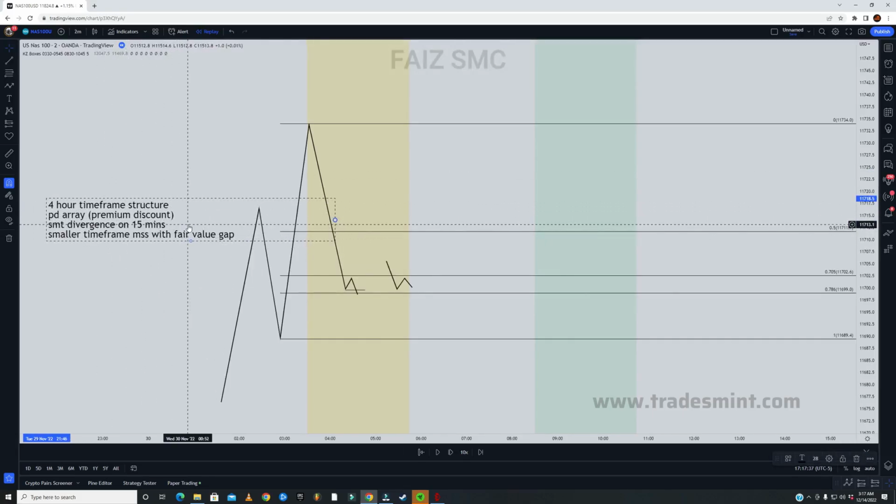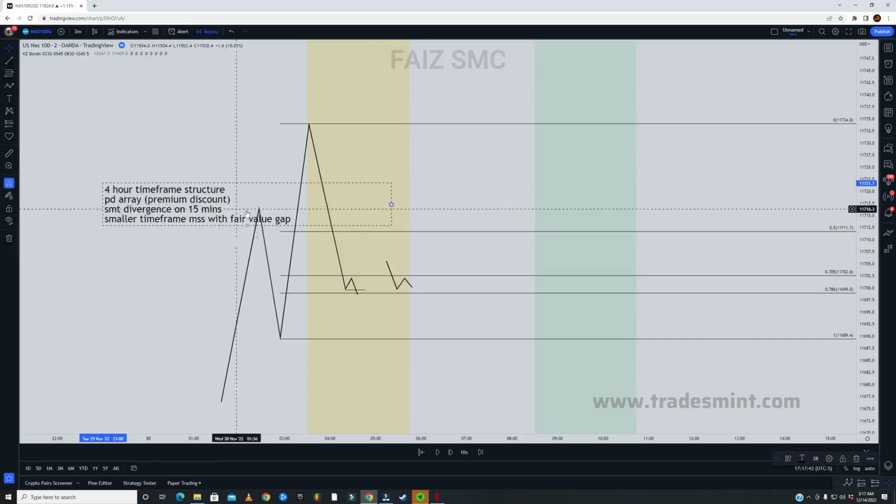Of course, you can use SMT divergence as a standalone strategy as well. But if you add these things together and combine them, you create your own strategy.